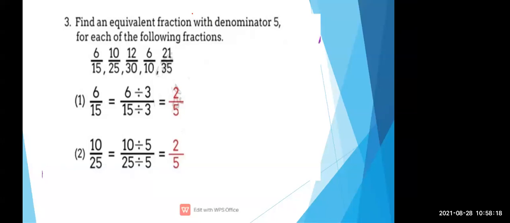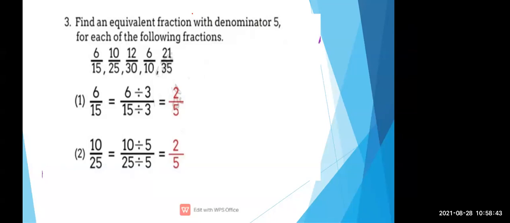So you can identify this. Whenever we divided, we got the answer 2 upon 5, 2 upon 5 only. That's why we have made the fractions equal. Look, the values are different. The numerators and denominators were different: 6 upon 15, 10 upon 15, 12 upon 30, 6 upon 10, 21 upon 35.